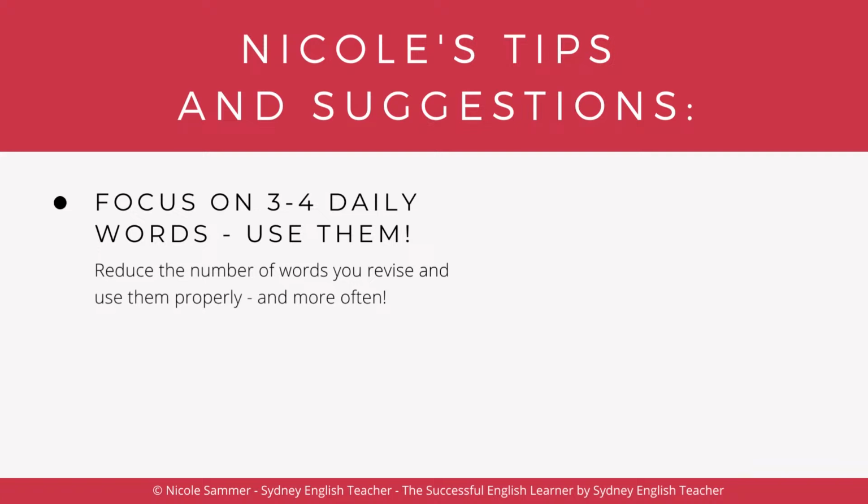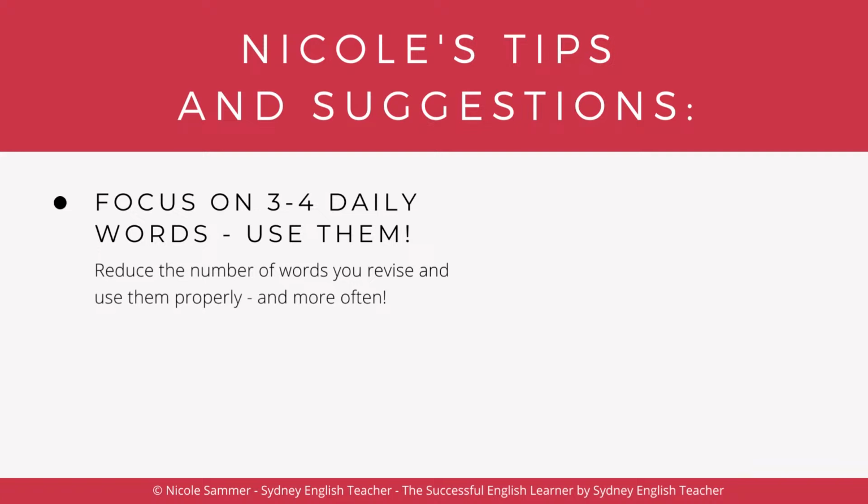Instead of doing it all at once, how about you reduce the number of words that you revise every day? You know, revise them properly, do it properly so that you learn them. You understand them, you know them, you make them your own.